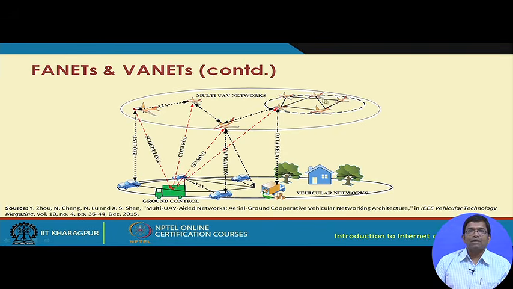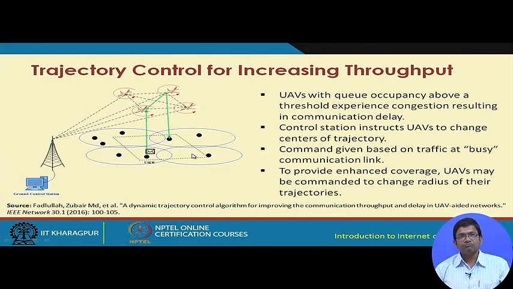So, a mesh kind of network can be formed in a particular plane, and then there can be different links between the UAV network and the ground vehicle, between the ground vehicle and another flying node, and so on and so forth. Like this, the different types of communication are going to take place.